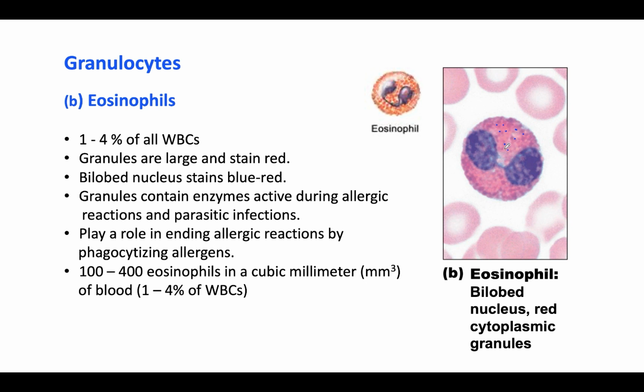Cytoplasmic granules of eosinophils stain bright red with eosin. Eosin is an acidic stain dye. Since this blood cell is stained with this dye, it has the name eosinophil.